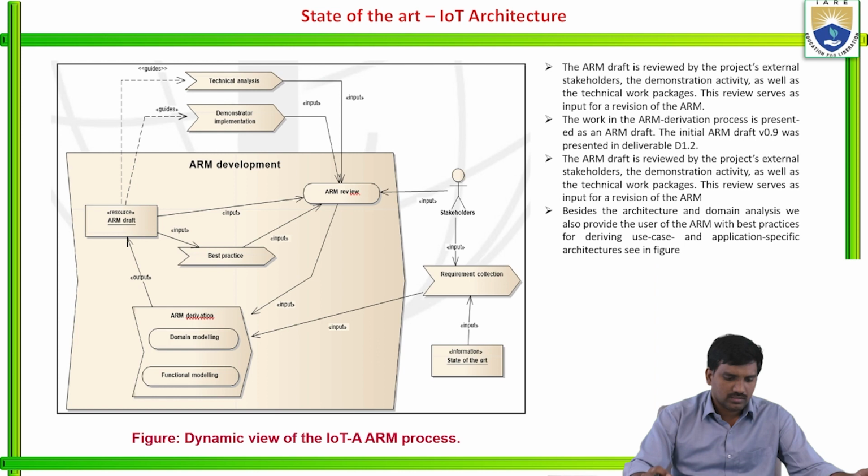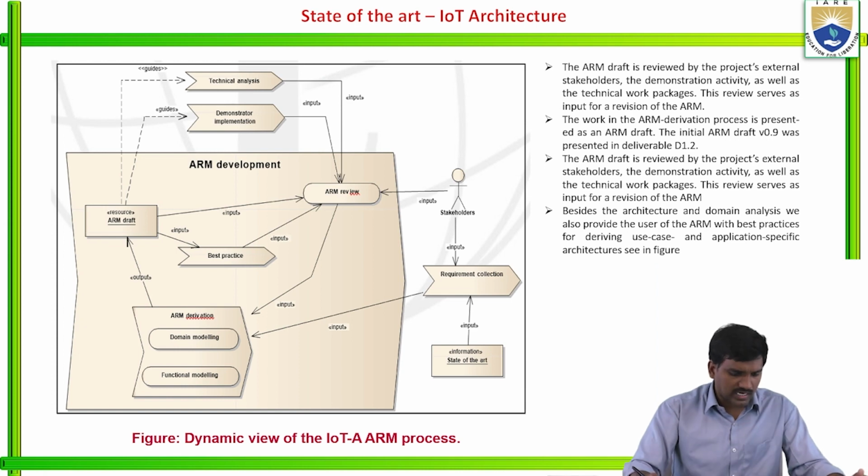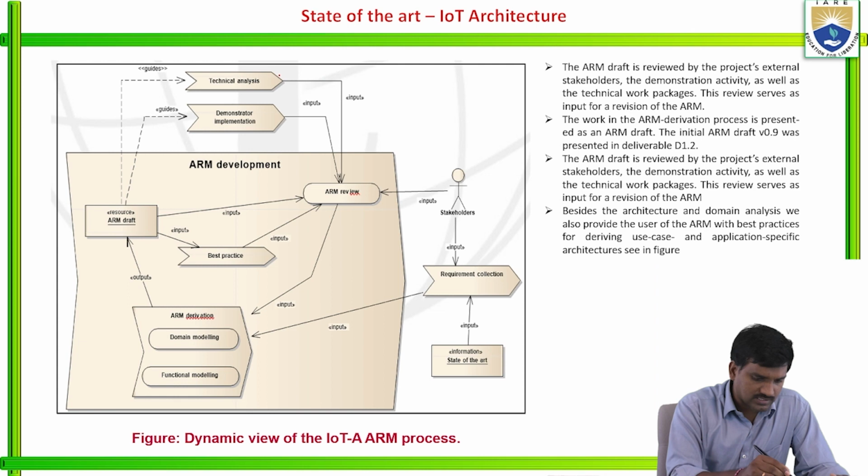The next one, the dynamic view of the IoT architecture ARM process. Here the process includes several things to develop or review the ARM process and stakeholders. We have different technical parameters here. The dynamic view of the IoT architecture starts with technical analysis first.